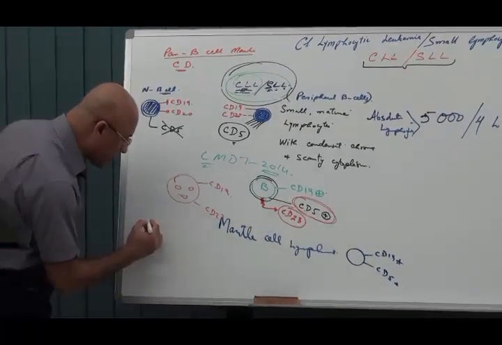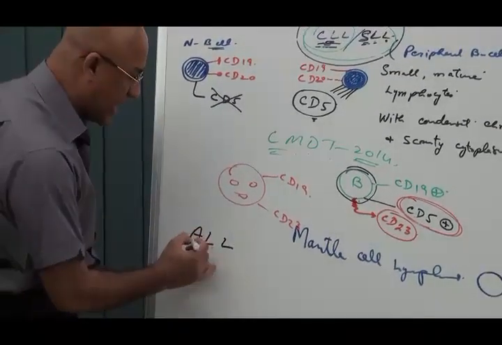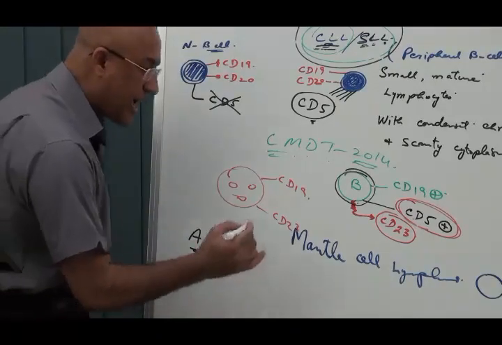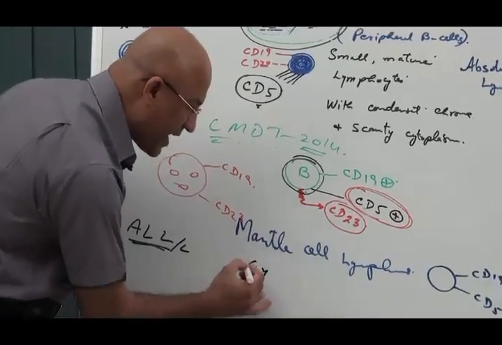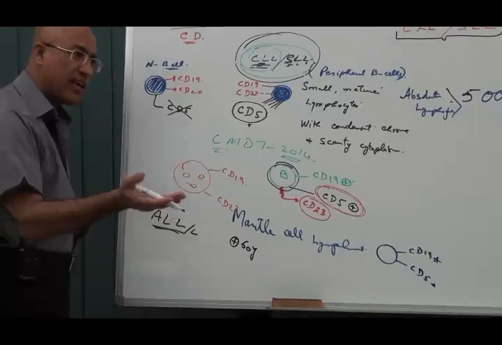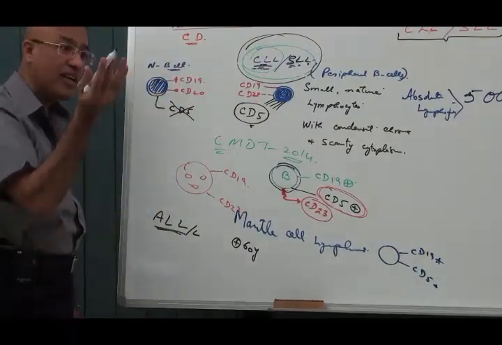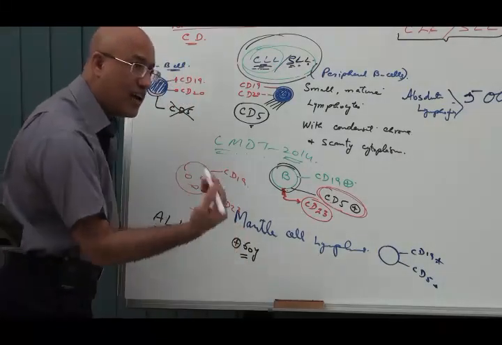The most common leukemia in children was ALL, acute lymphoblastic leukemia. And in the elderly, 60 years and plus, actually from 50 years onward, the incidence of CLL progressively increases. So it's a leukemia of elderly people.